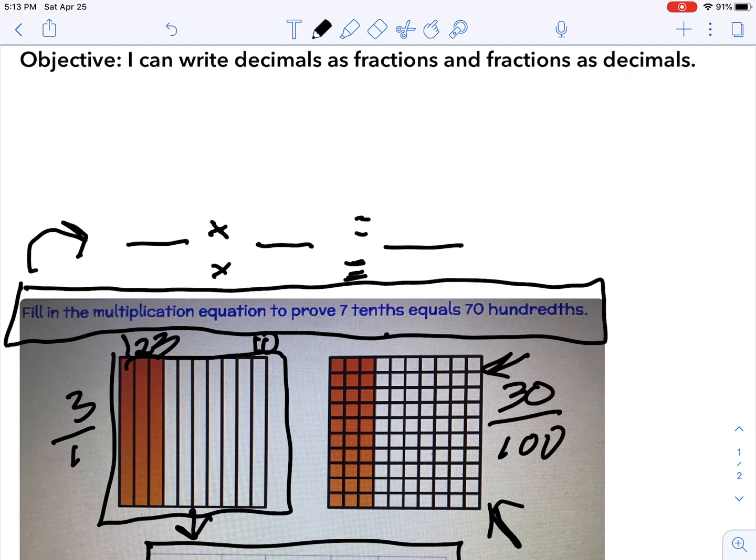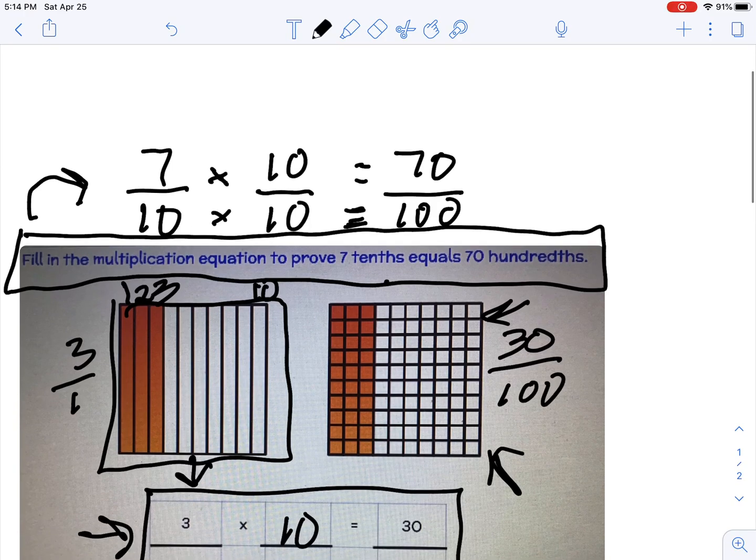You can use the example down here if you forget. How would you write that equation to prove 7/10 is equal to 70/100? Right, so you do 7/10, and it's going to be equal to 70/100, right? So it's what did I do to the numerator and denominator to get 70/100? I multiplied each by 10, right?